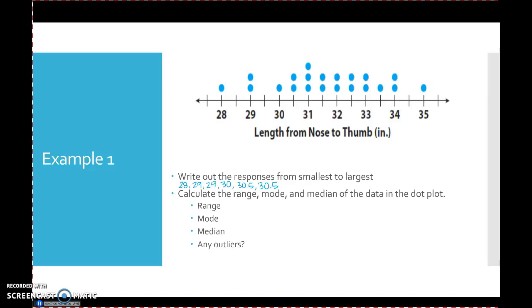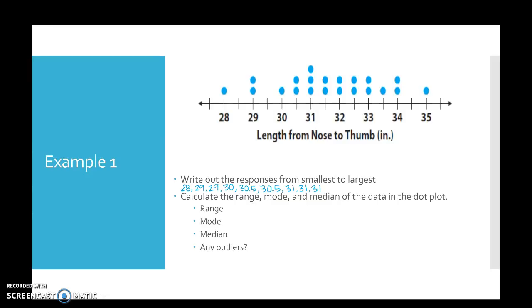So that's how you would write out the data, and then there would be 3 at 31, 31, 31, 31. But we can just use our dots to find all the information we need. So if we look back at our definitions, we know range is the difference between the greatest and the least values. So my greatest value is 35.